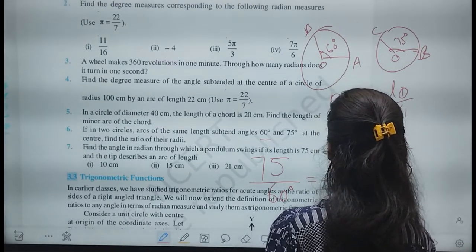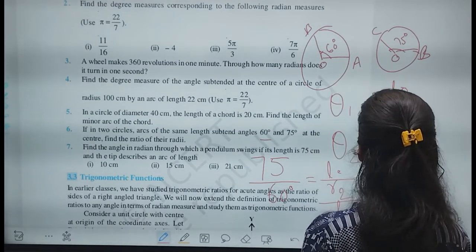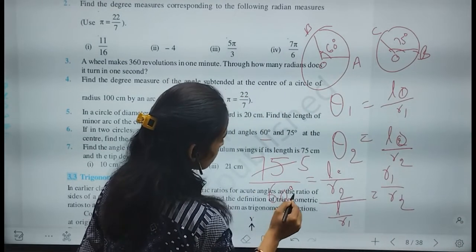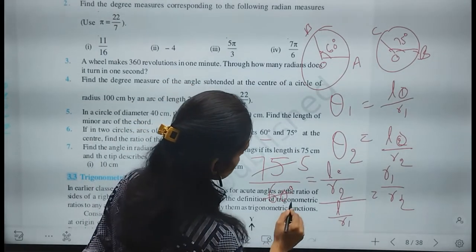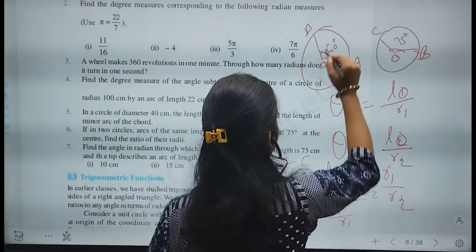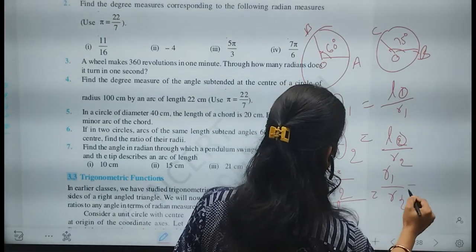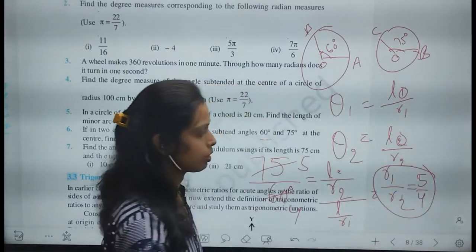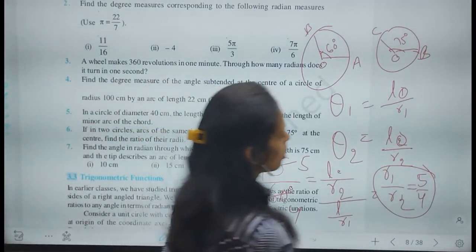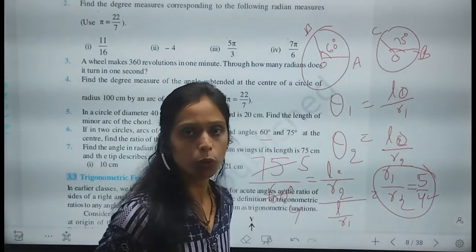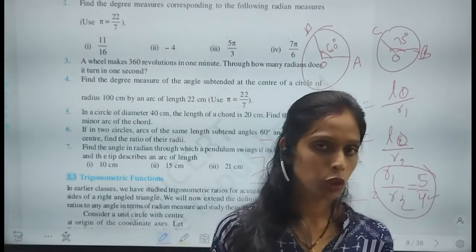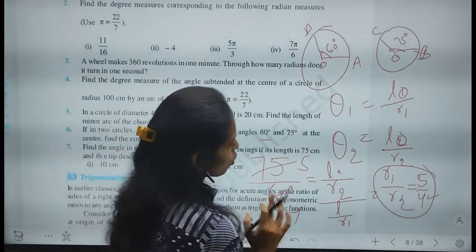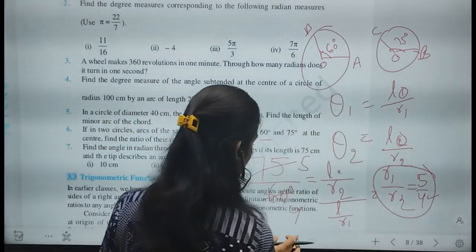So R1 by R2, the answer will be 5 proportional to 4. This is the way, you know all about this, and you can do and practice as much as possible.